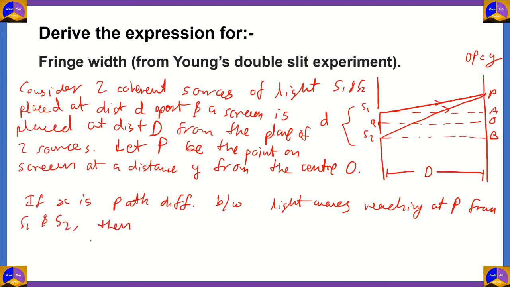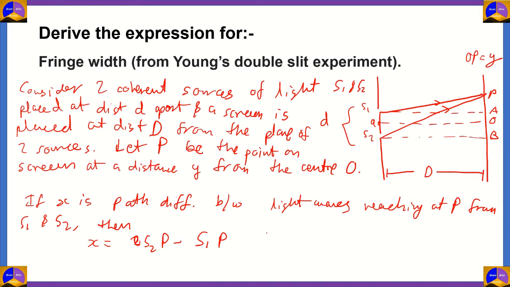Then we can write x equal to S2P minus S1P. So S2P is the distance traveled by wave 2 and S1P is the distance traveled by wave 1, so the path difference is the difference between the distances of the two waves.